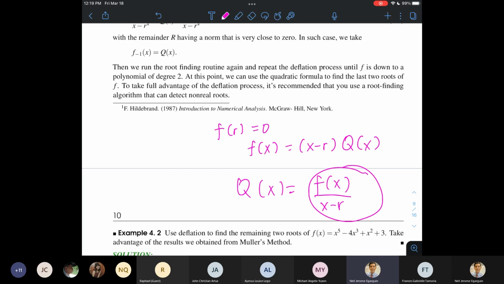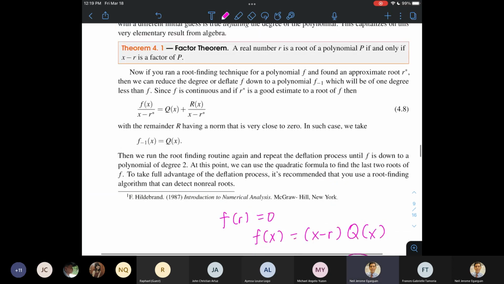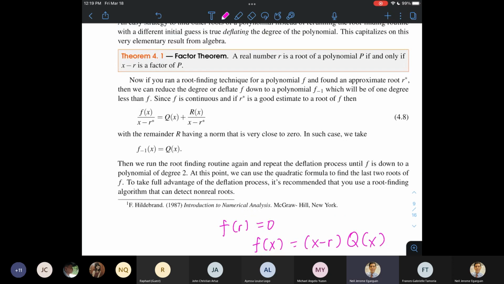You don't need to change your initial condition or your initial guess. Pwedeng yun na rin yung initial guess mo. Pag nag-converge, then you get another root. Okay? So, hindi mo makukuha pa ulit-ulit yung isang root r star unless siya ay root of multiplicity greater than 1. Okay? And that's basically the idea behind the deflation.